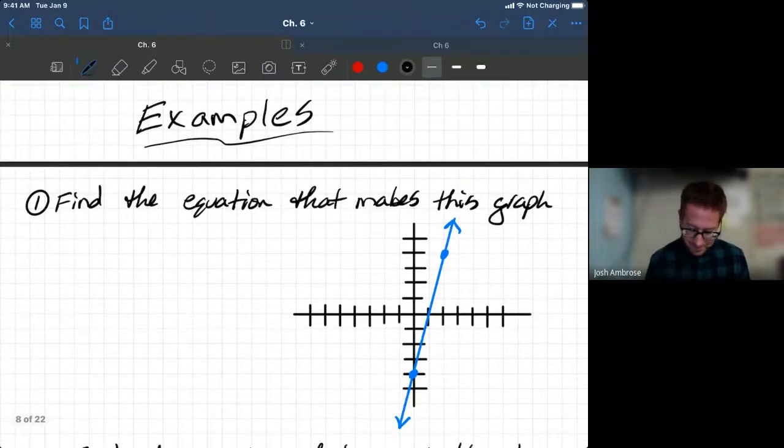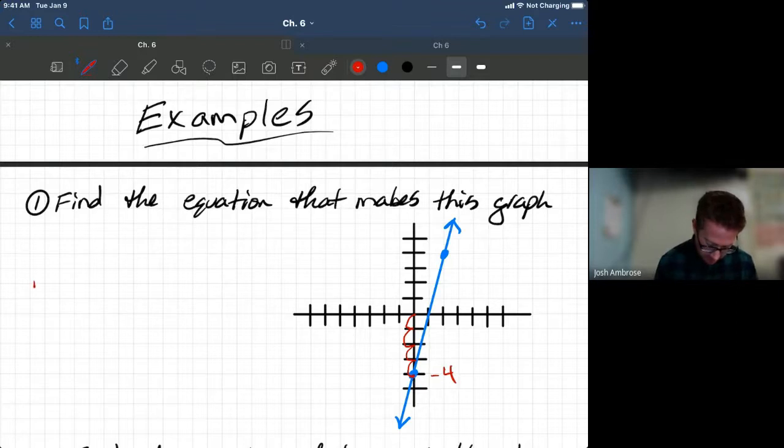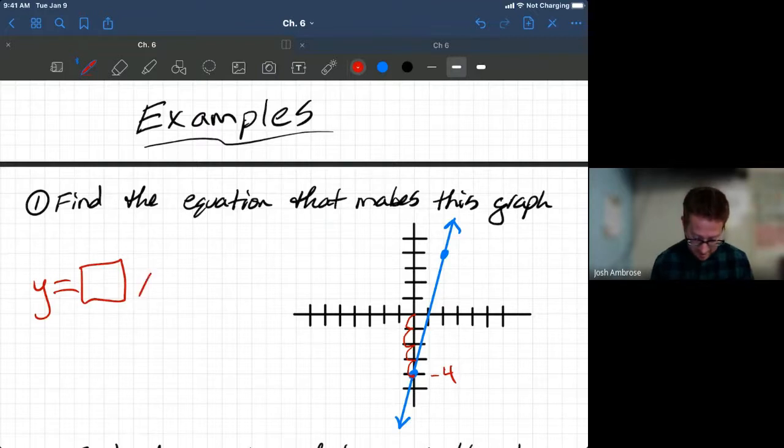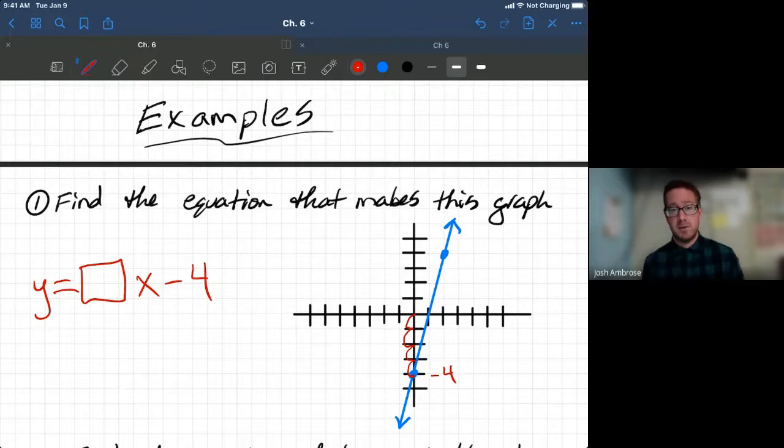All right, let's take a look. Find the equation that makes this graph. Let's start by taking a look at what our y-intercept is, right down here. So let's count down: 1, 2, 3, 4. That looks like it's at -4. So we're going to have y equals, leave some space for the slope, x minus 4, because we got that y-intercept of -4.